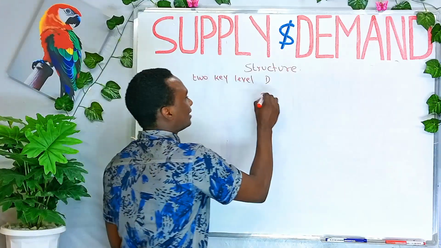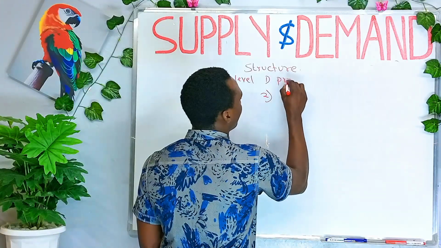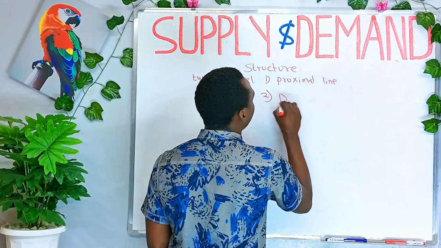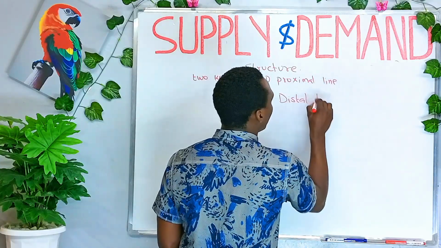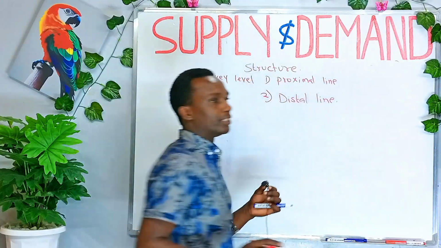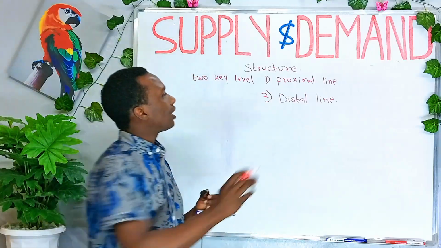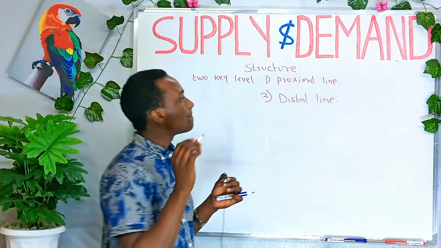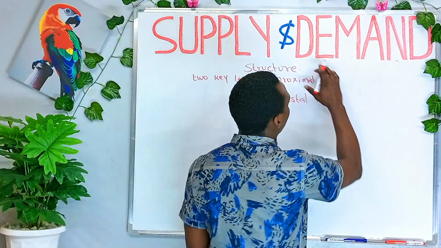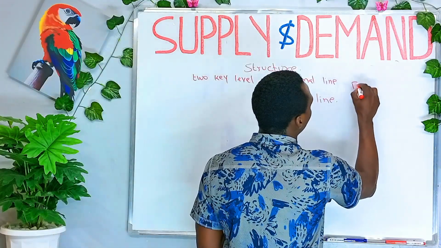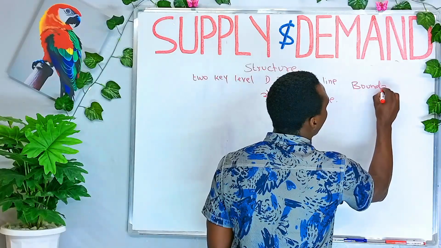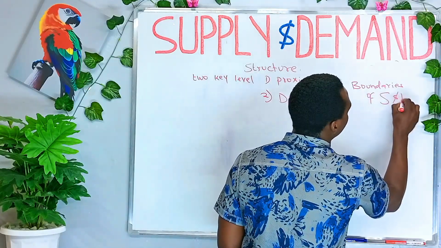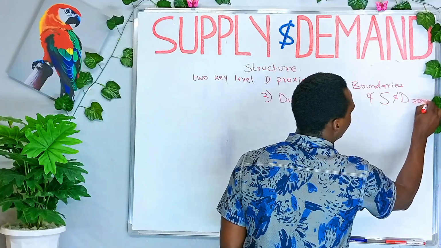The second one is a distal line. The proximal line and the distal line will form boundaries of your supply and demand zones.